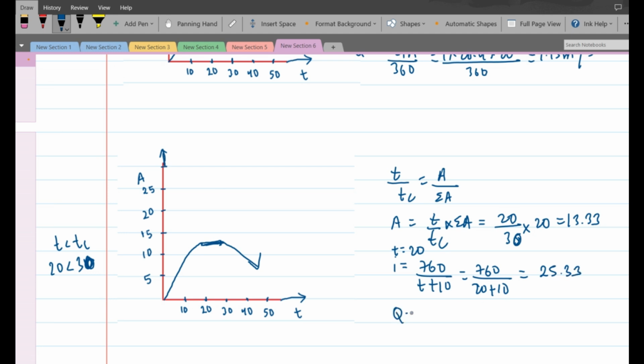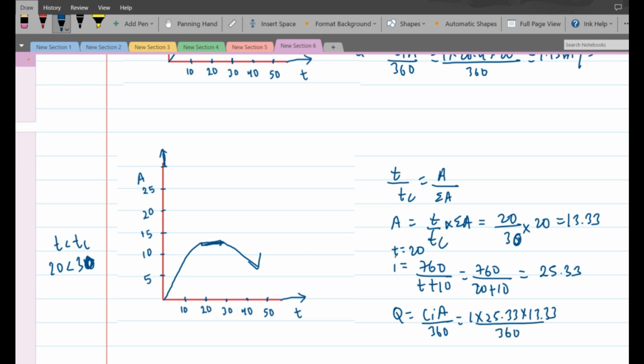Now Q equals CIA by 360. C is taken as 1, I we calculated here as 25.33, and A is 13.33, divided by 360.